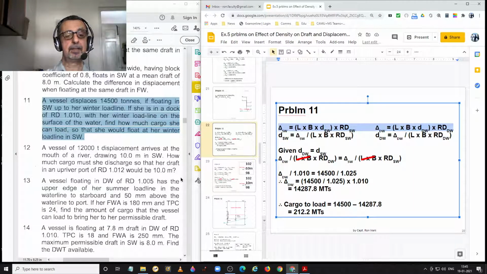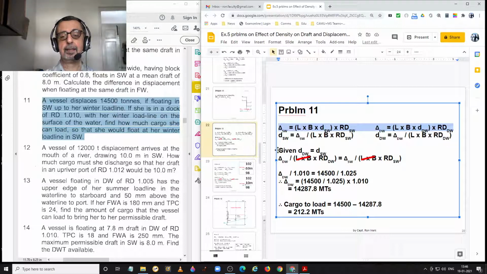Her TPC and her freshwater allowance is not given in this problem. Thus, we have displacement in salt water equal to length into breadth into draft in salt water multiplied by the relative density of salt water, and displacement in dock water is equal to length into breadth into draft in dock water multiplied by the relative density of dock water.